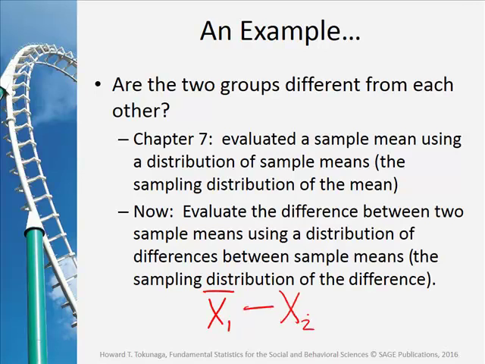And we also have x2, which is the sample mean of no intruders. What did we observe? Well, we observed that the difference between x1 and x2 is what? 9 seconds, right? This is what we have directly observed.